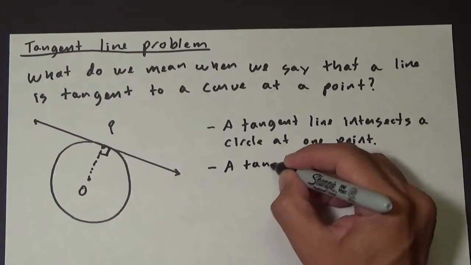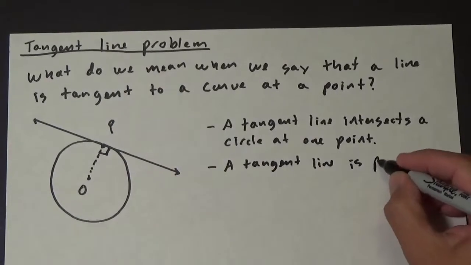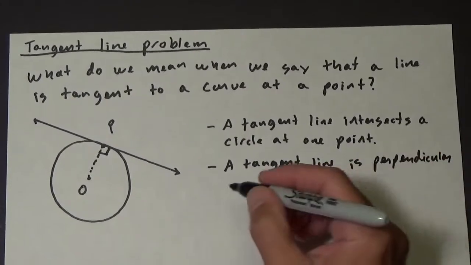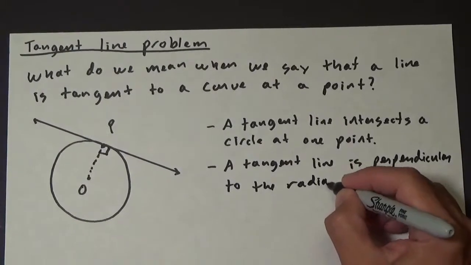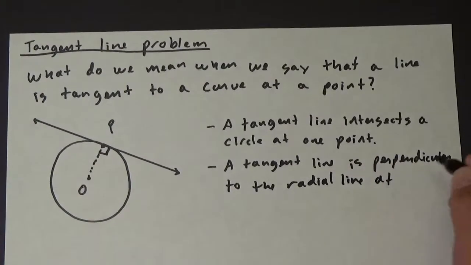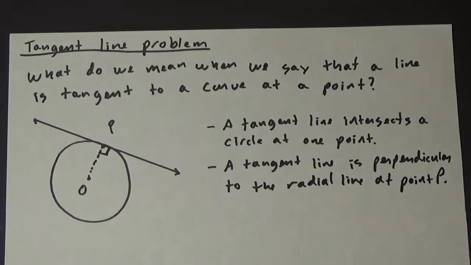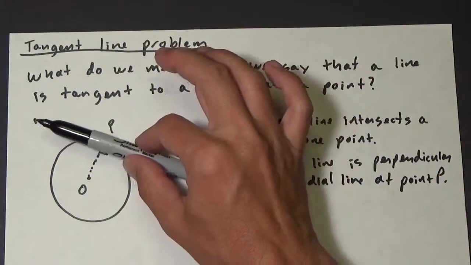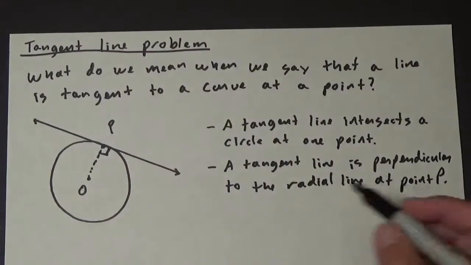So a tangent line is perpendicular to the radial line at point P. Then the other thing we can notice is, and I stated this earlier, that the tangent line is all on one side of the circle, specifically outside the circle.